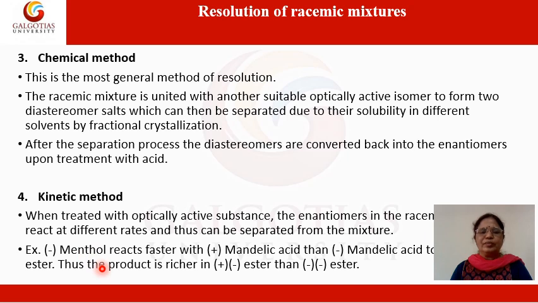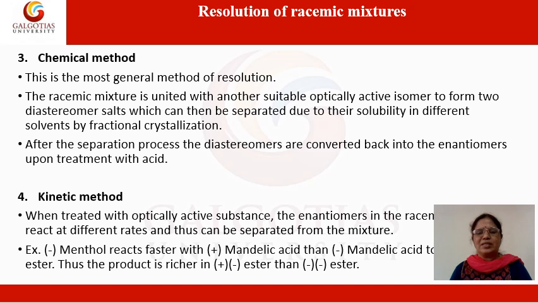Then comes the fourth method, called the kinetic method. When the optically active substance is treated with the racemic mixture, the enantiomers in the racemic mixture react at different rates, and that can be utilized for separation of the mixture. For example, when menthol is treated with the racemic mixture of mandelic acid, it is observed that menthol reacts faster with dextromandelic acid than levomandelic acid.